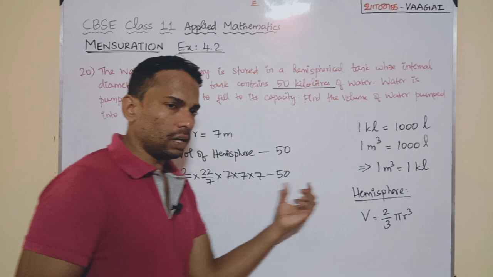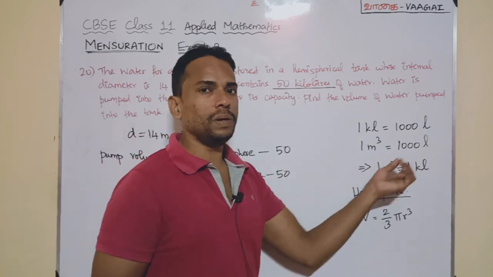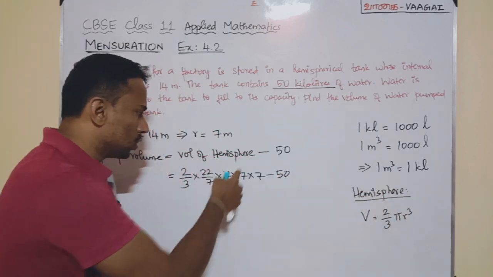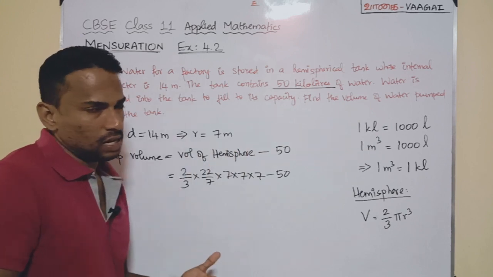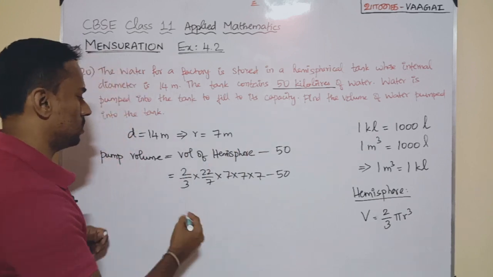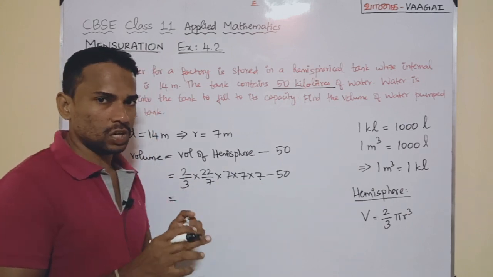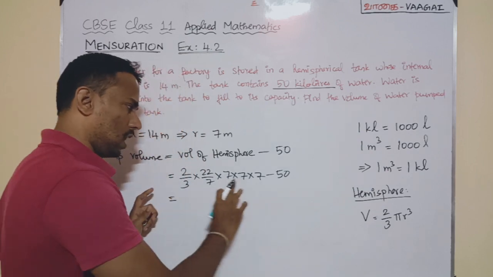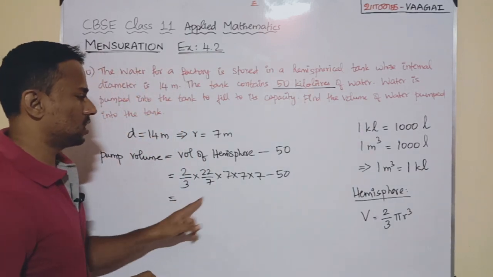Because whatever meter cube I get as the answer, the same is going to be in terms of kiloliters also, because 1 meter cube is 1 kiloliter. So this many meter cube will be the same as this many kiloliters. That's the simple idea behind it. I don't want to change any units here. Since fortunately 1 meter cube is 1 kiloliter, I'm using the same to give my answer in terms of kiloliters itself.